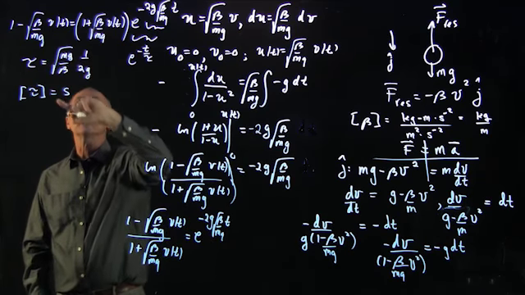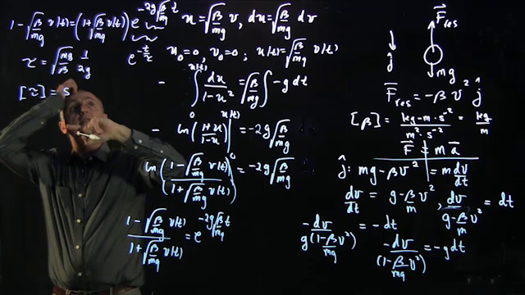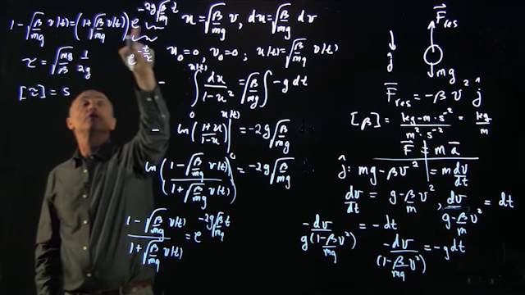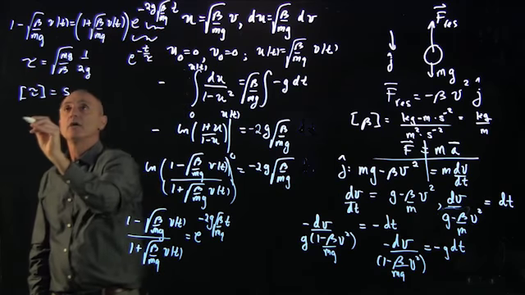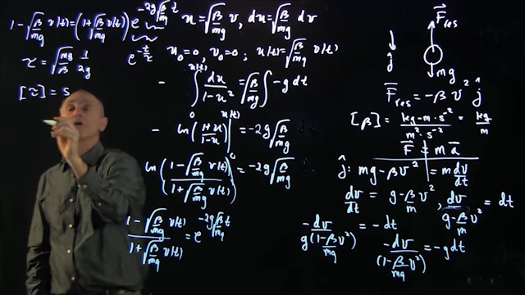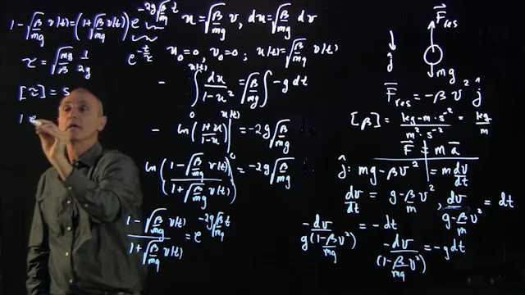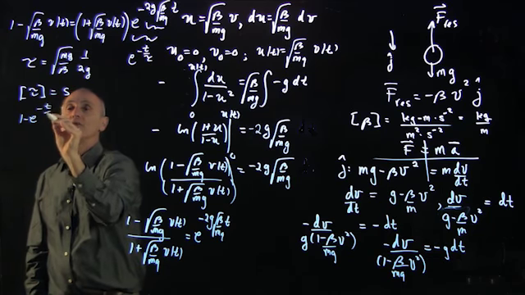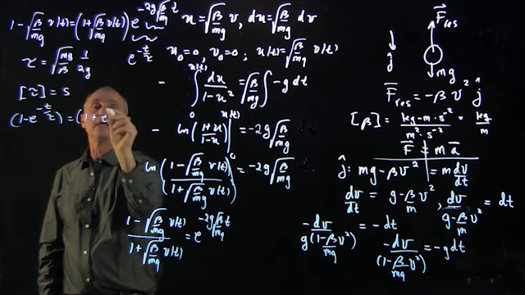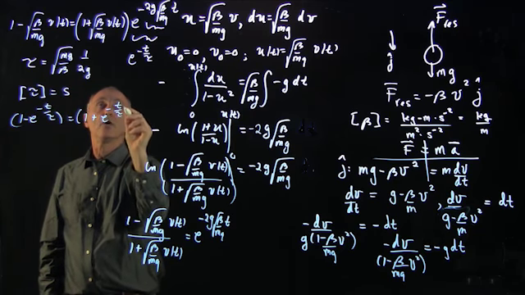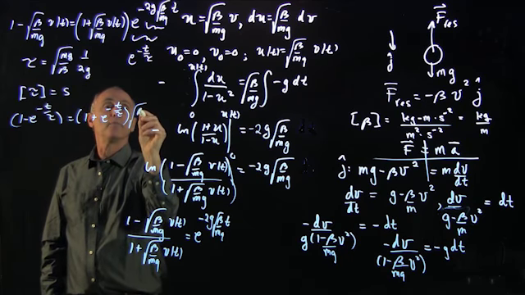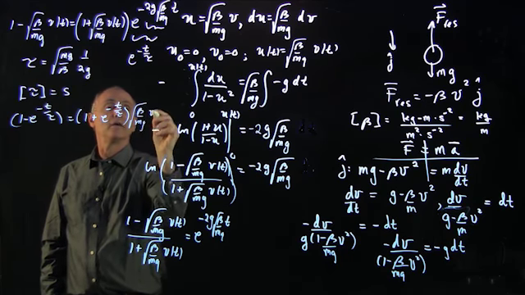Now, I just have to collect my terms. What I'll do is collect the v of t terms on the right and the terms that don't have v of t on the left. So I have 1 minus e to the minus t over tau on the left is equal to 1 plus e to the minus t over tau on the right times square root of beta over mg v of t.